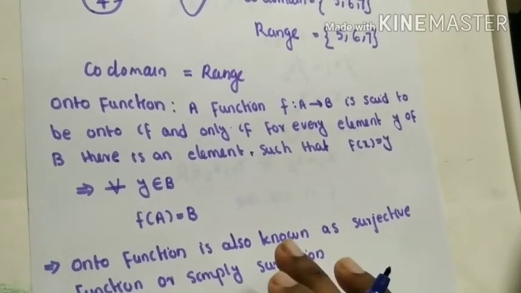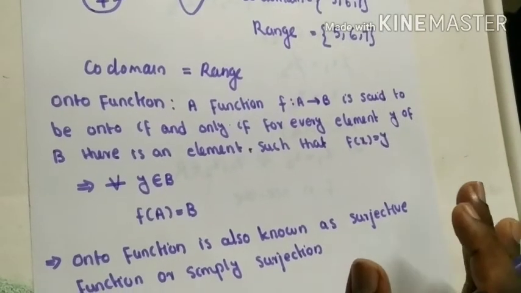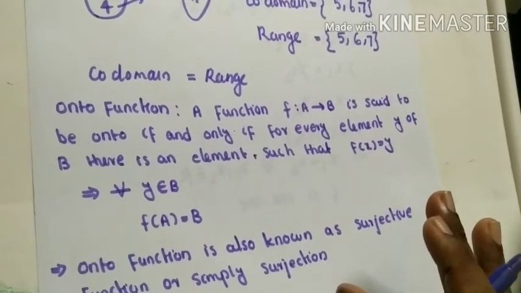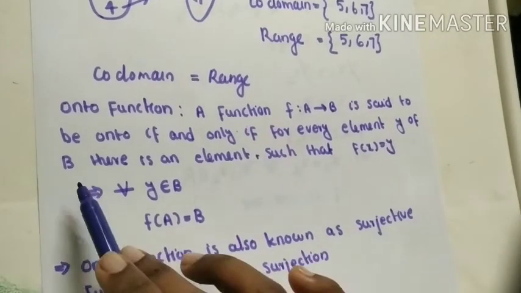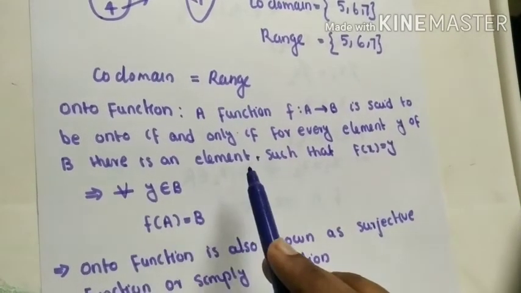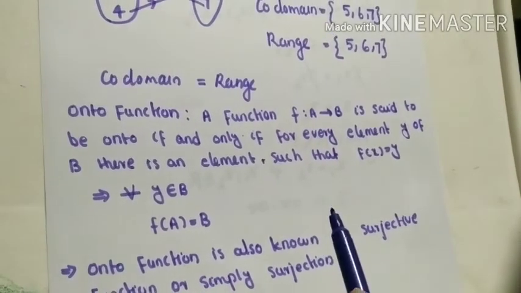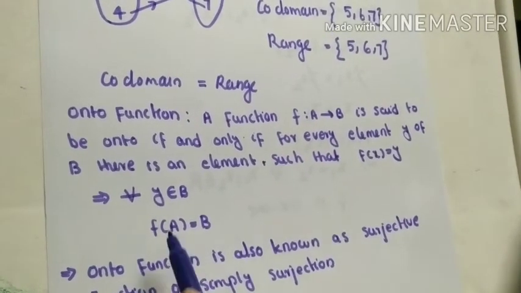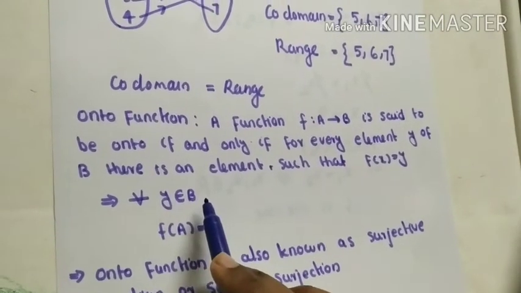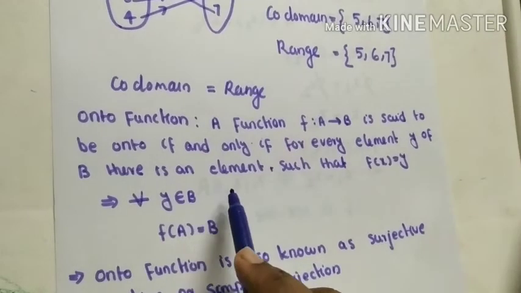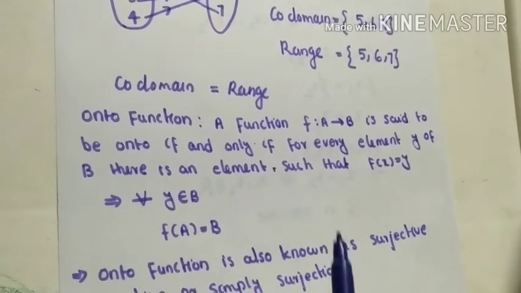Mathematically, a function f from set A to set B is said to be onto if and only if for every element y of B there is an element x such that f of x equal to y. This implies that for every y in the codomain there exists at least one x in the domain.